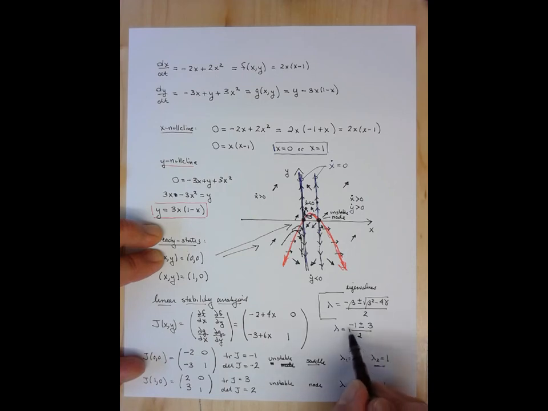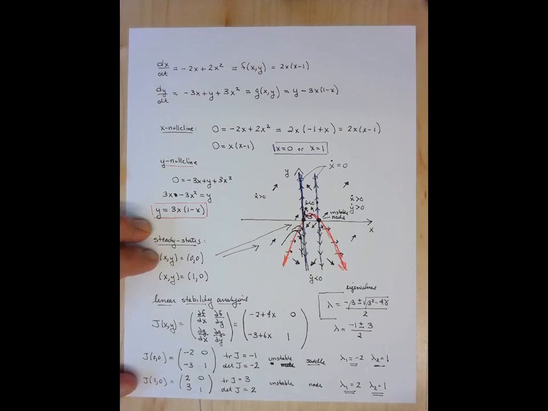And then the other case is -1 minus 3, which is -4, divided by 2, which gives me -2. So you can put these values for the trace and the determinant into this equation to get these two values for the eigenvalues. So I hope that helped.